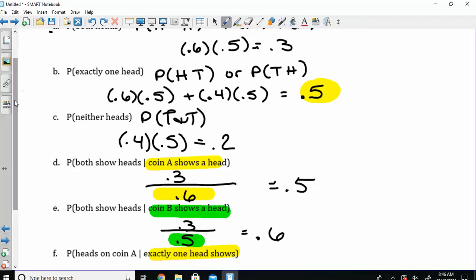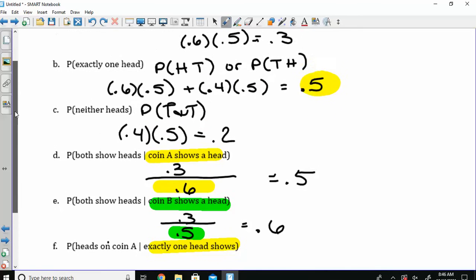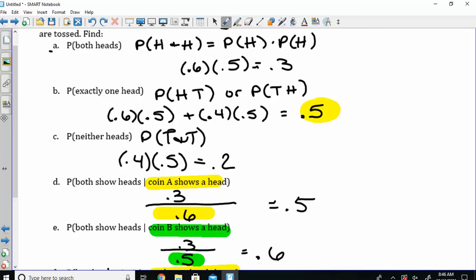Okay. Last one. Exactly one head shows. So what's the probability of exactly one? 0.5. We found that in part B. Now this is the trickiest problem up here. I want heads on coin A. There's only one heads total.